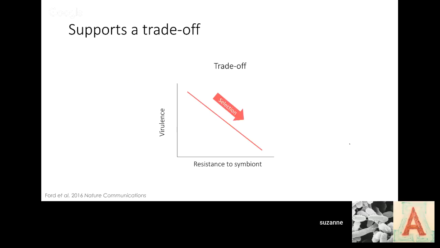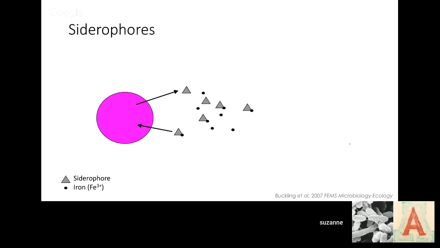There is a lot of literature in the field of pathogen virulence evolution, and some of it focuses on siderophore proteins. Siderophores are proteins that are released or produced by a bacterium into the environment.